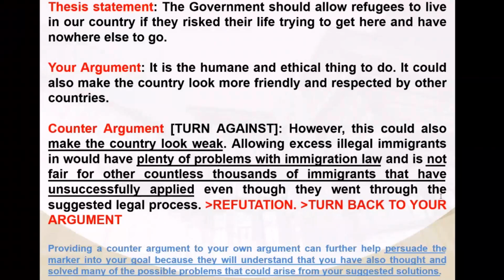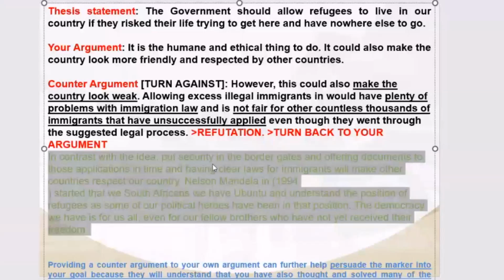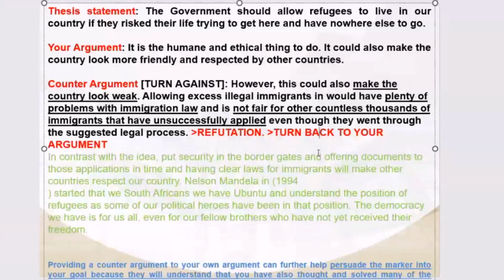And that part I will include in this paragraph that is before your screen and make it one paragraph and read it together as a counter argument paragraph. That is what I want you to do. Okay, so we have a counter argument paragraph, which includes the part of refutation or rebuttal and turning back to your original argument.